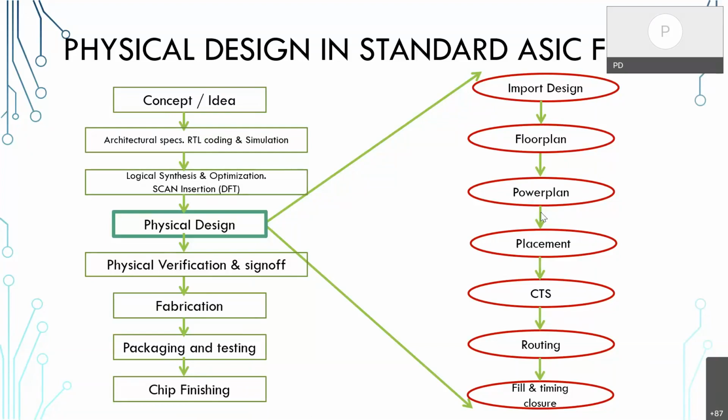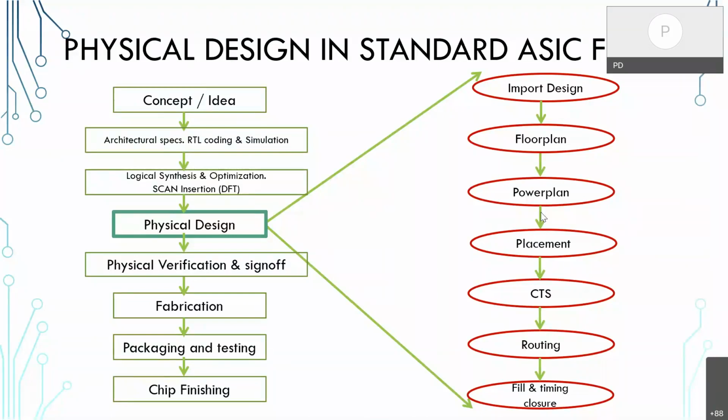So there comes our part, where we'll be doing the usual floor plan, the power plan, placements, the clock tree synthesis, routing, and the final fill. Once the physical design is complete, we will check whether whatever we implemented is intact with respect to area, power, and timing.